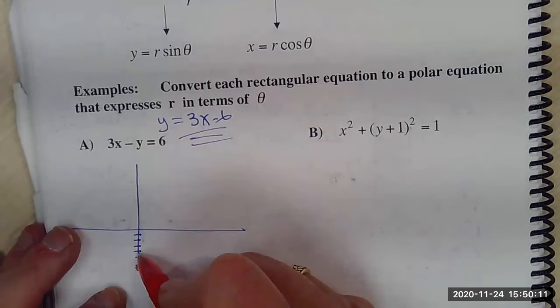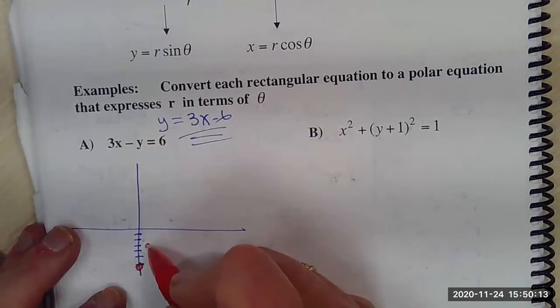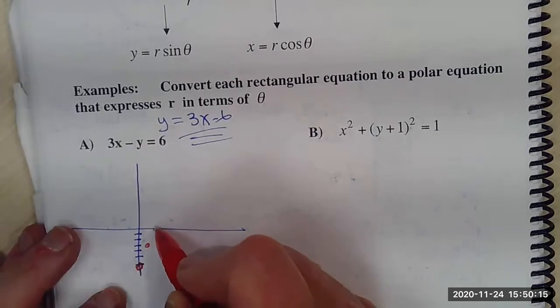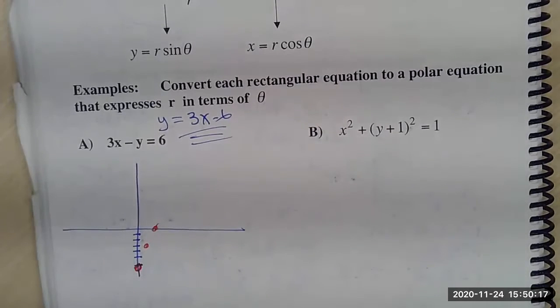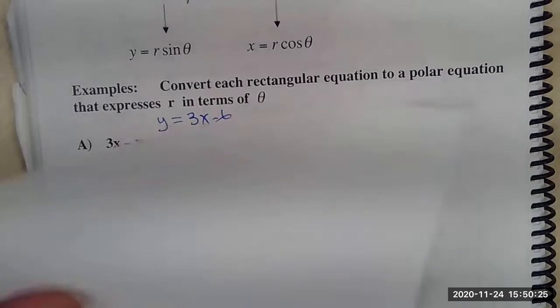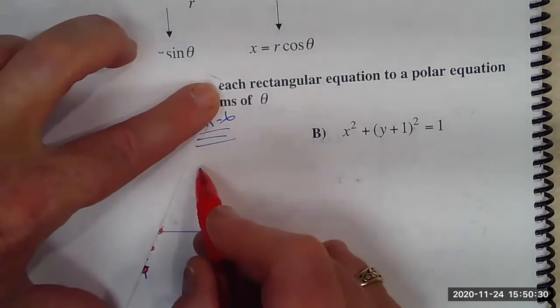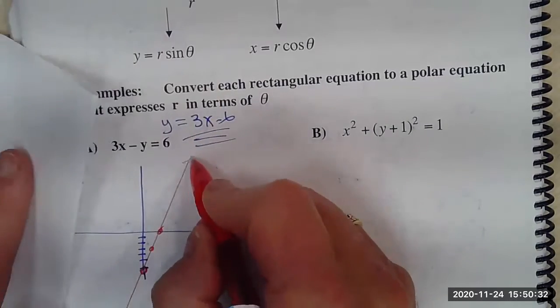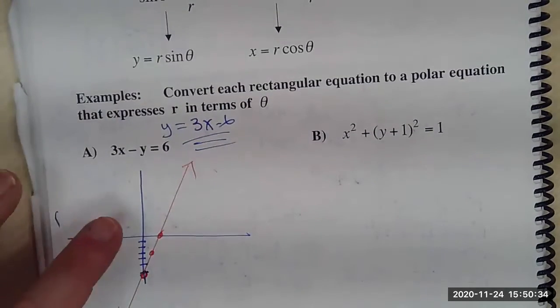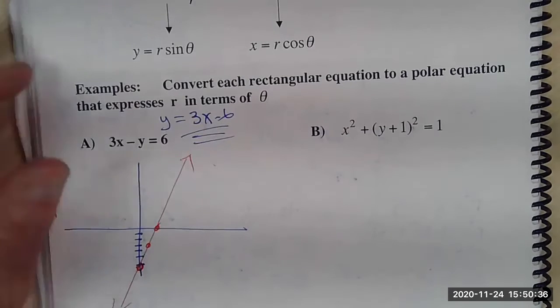So up 1, 2, 3, right 1. Up 1, 2, 3, right 1. Take your straight edge. If you don't have a straight edge, take a piece of paper, fold it in fourths. There's my straight edge. So that's the equation of the line.